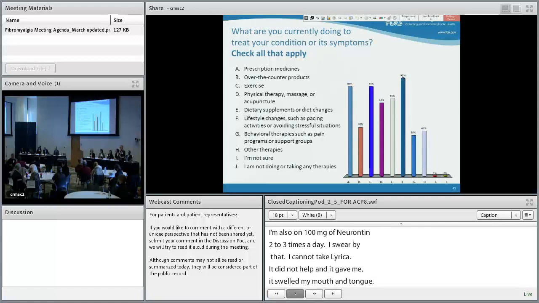Cymbalta did the same thing, plus it kept me from sleeping well, and the Savella did not help at all. So this is where I am. I do go to a pain doctor in Hagerstown, Maryland. I don't know what is next if the hydrocodone stops, because he's told me that he will not raise the dosage anymore on that. I have been on fentanyl.